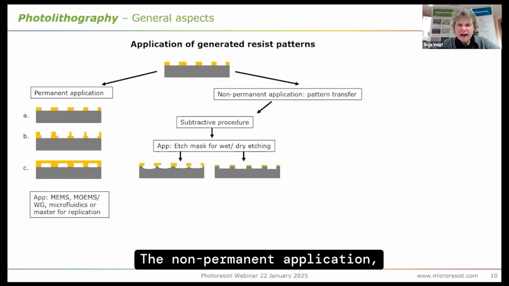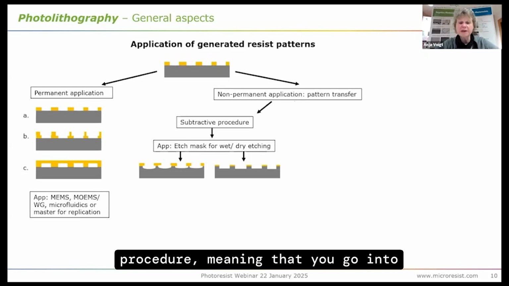For the non-permanent application, there is the subtractive procedure, meaning that you go into the substrate, and here the resist can act as an etch mask for wet or for dry etching.